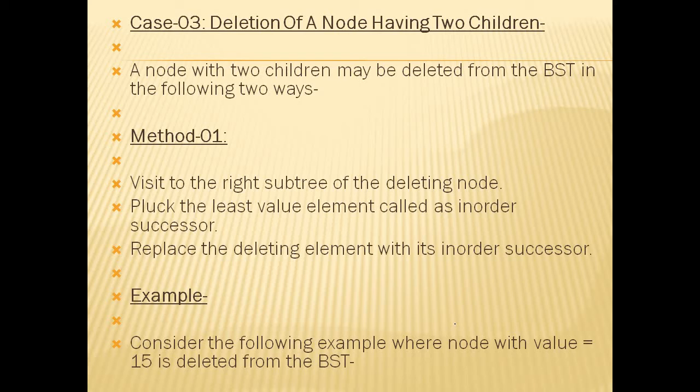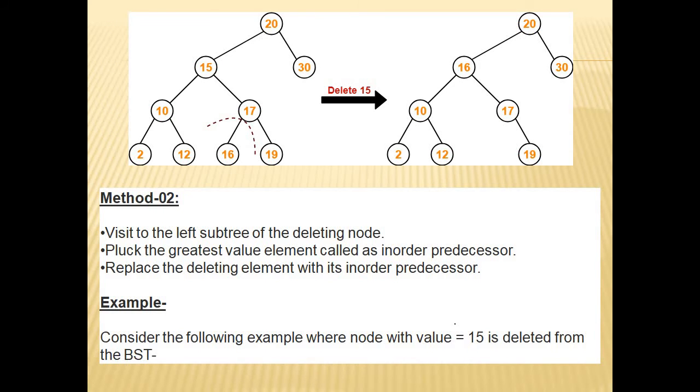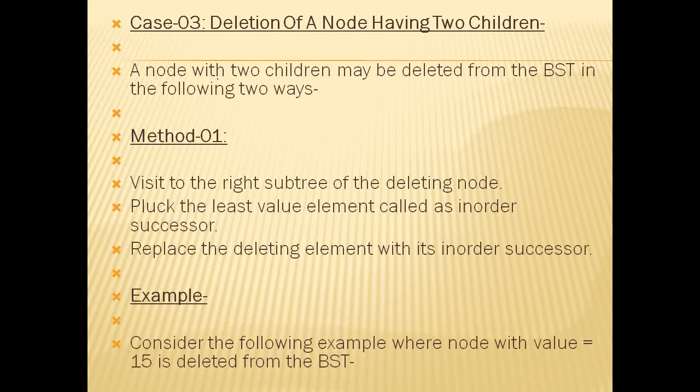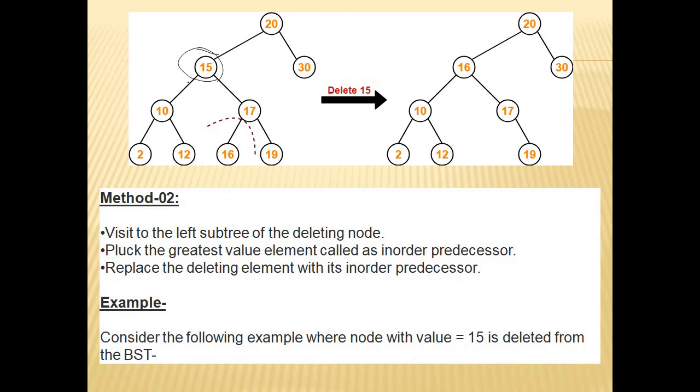Assume I want to delete the node with value 15 in the given binary search tree. 15 has both a left and a right child. Here they mention to visit the right subtree of the deleting node. This is the deleting node, and the right subtree means this one.